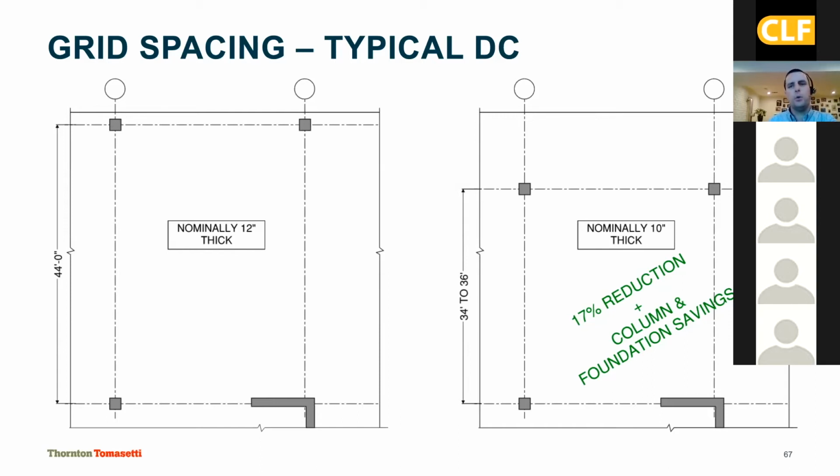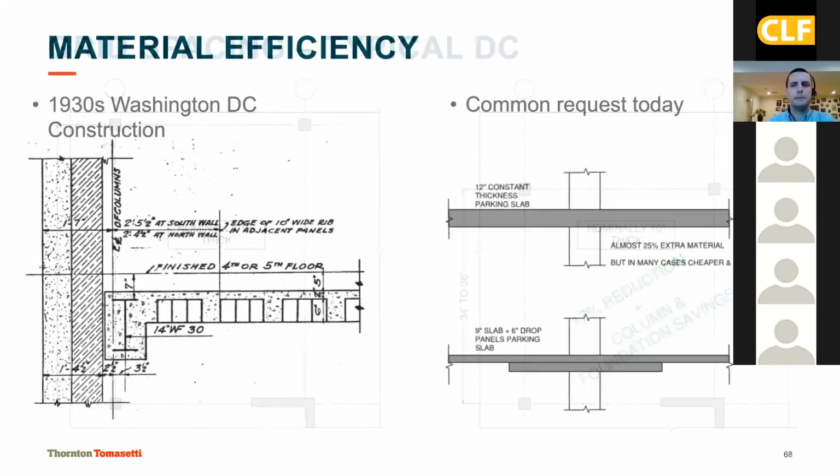If you can go with the system on the right, you don't drop in additional columns and footings. Not only do you get those savings in the carbon footprint because you're using less concrete in the floor slabs, you're reducing your foundation sizes as well. So next, please.